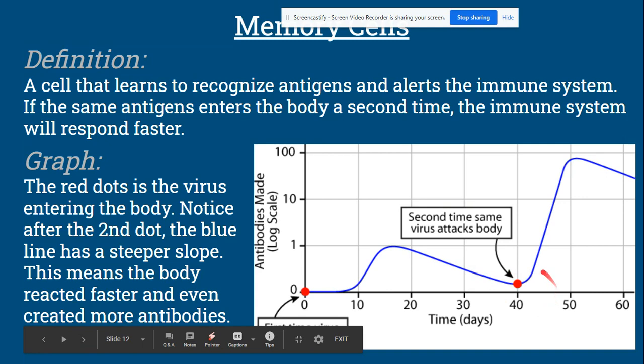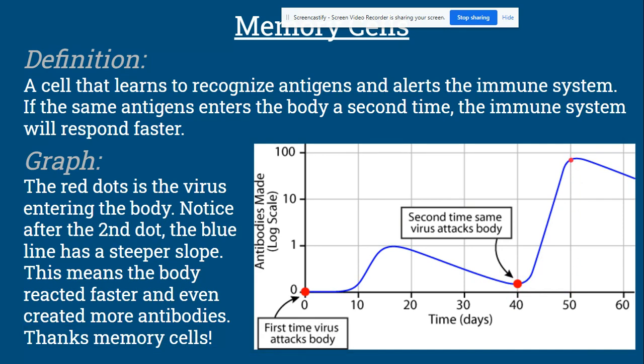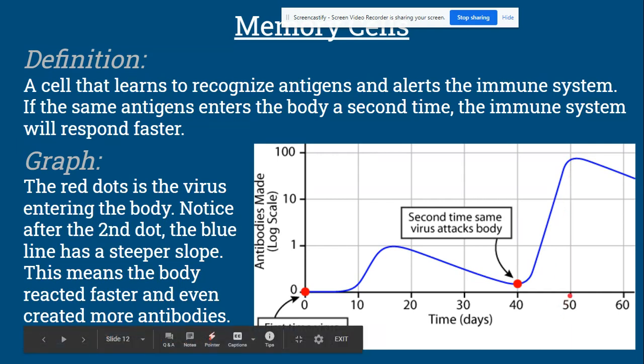The second time this virus enters this person's body, you can see the amount of time it takes to reach this number of antibodies is way shorter. The first virus took 10 days. Within 10 days of the second time that the same virus enters the body, we've now got 100 times more antibodies in a lot shorter time.